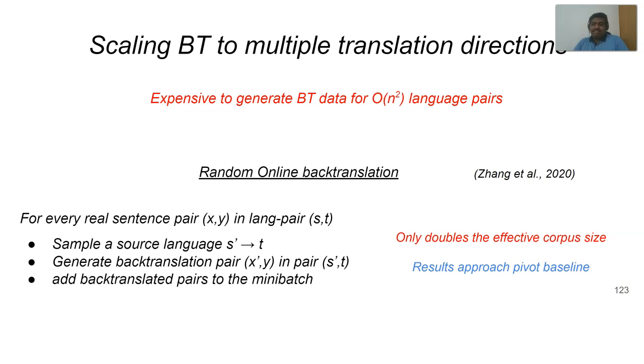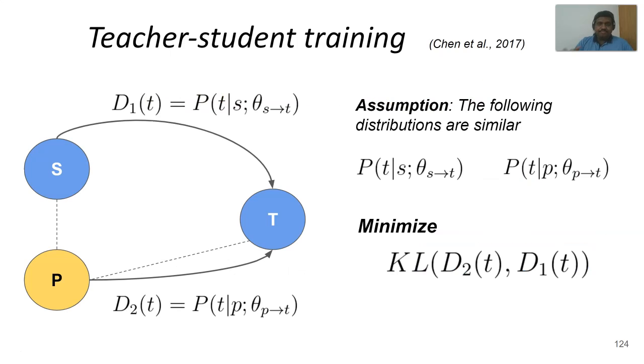What this means is it effectively doubles the corpus size. For every original data, you have one synthetic example that is generated. This helps to scale the training process to a lot of languages, yet the results approach the pivot baseline.